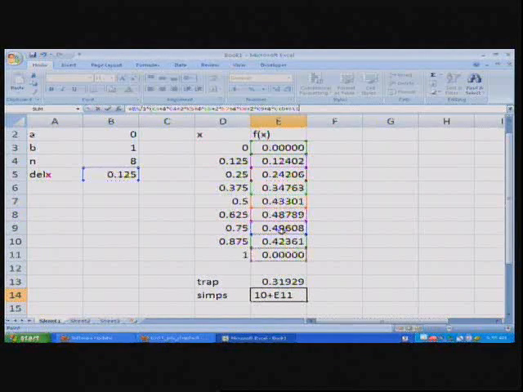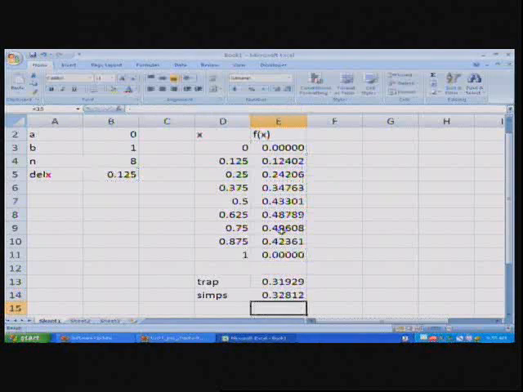And then you close your parentheses. Everybody feel okay? Then you hit enter.